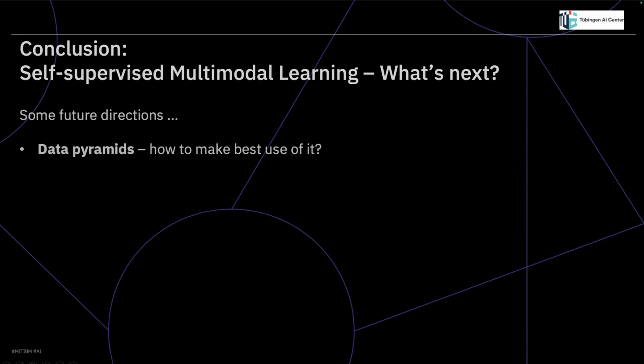But this pairwise data is actually just the tip of the pyramid of data that we are sitting on, because there is a huge body of data that doesn't appear with paired modalities. And the question is, are we currently missing out by not using this single unpaired data for training? The second question that we have, specifically for robotics, is what is the role of synthetic data in this whole game?